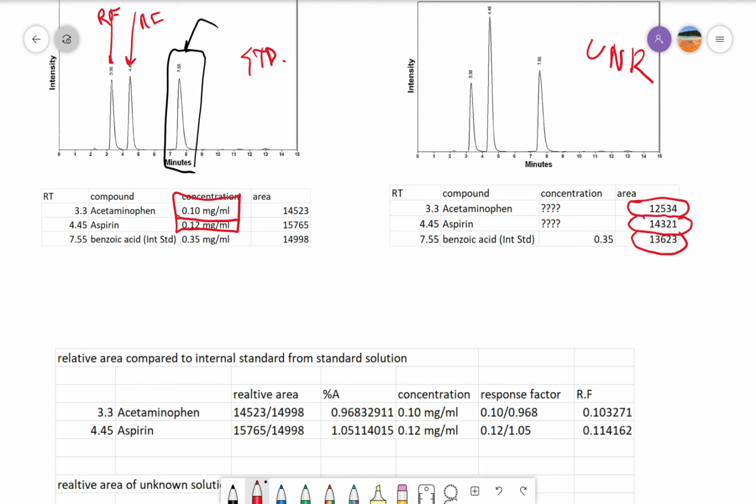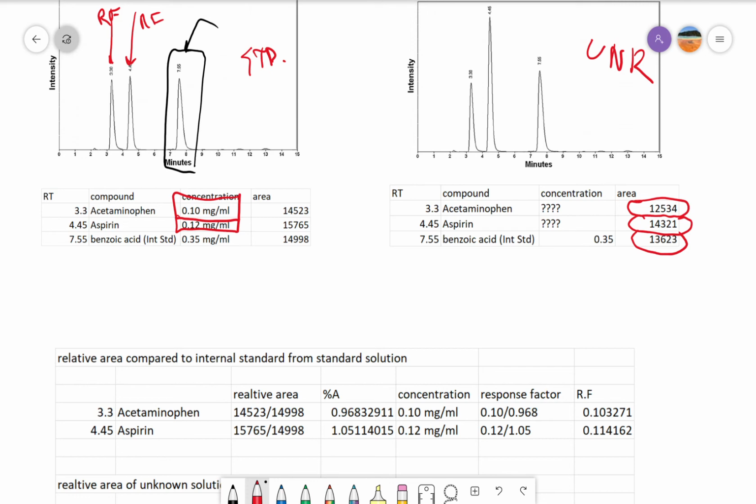Because we want to make it a standard comparison, rather than using just the area of the acetaminophen and the aspirin, what we're going to do is use it as a percent area relative to the area of the internal standard.